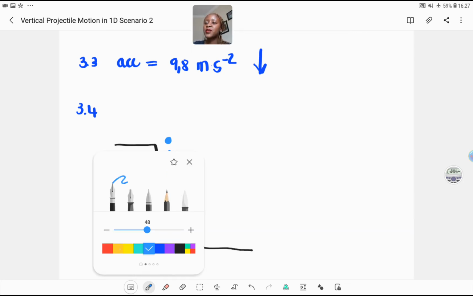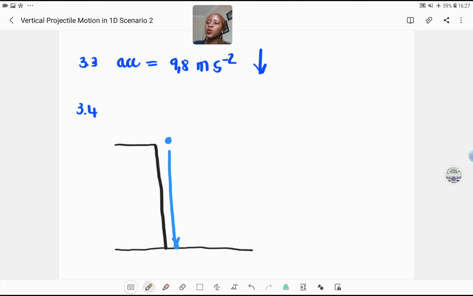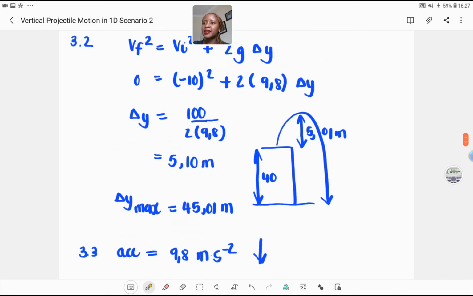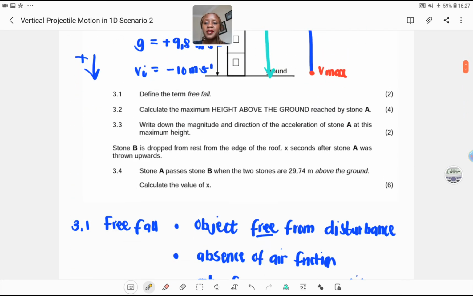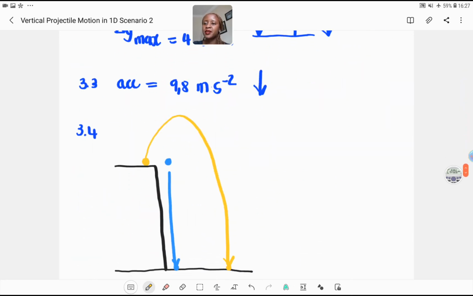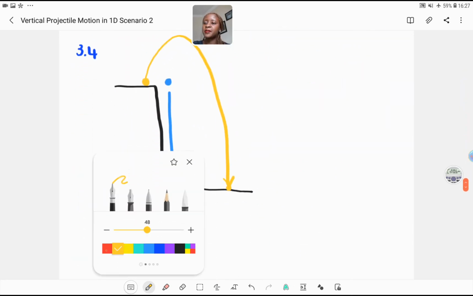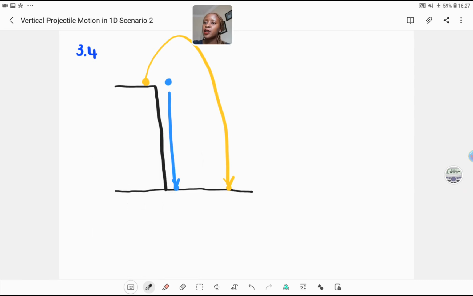Then you have stone A, which was first thrown upwards and then reached the ground. So it was first there. Now they tell us that when they are 29.74 meters above ground, I'm just going to say it's somewhere there.